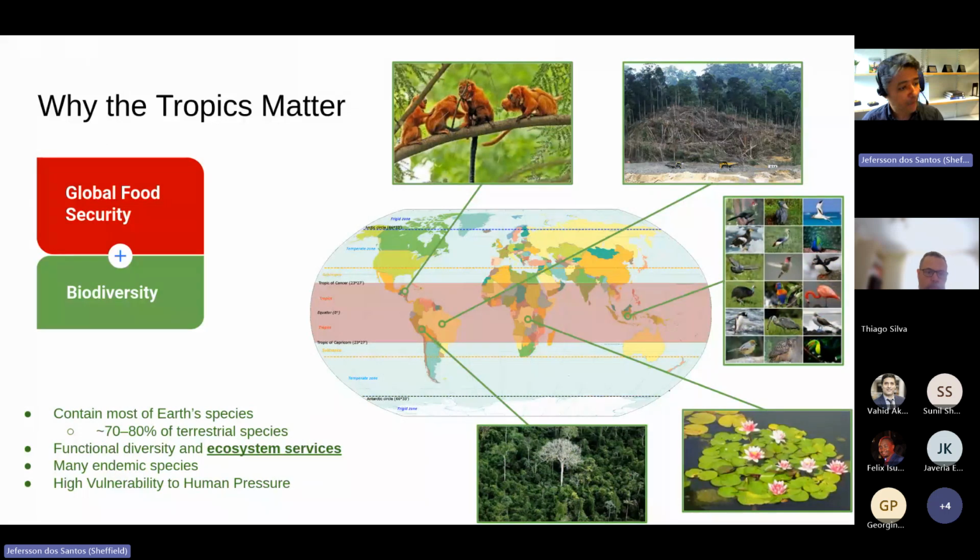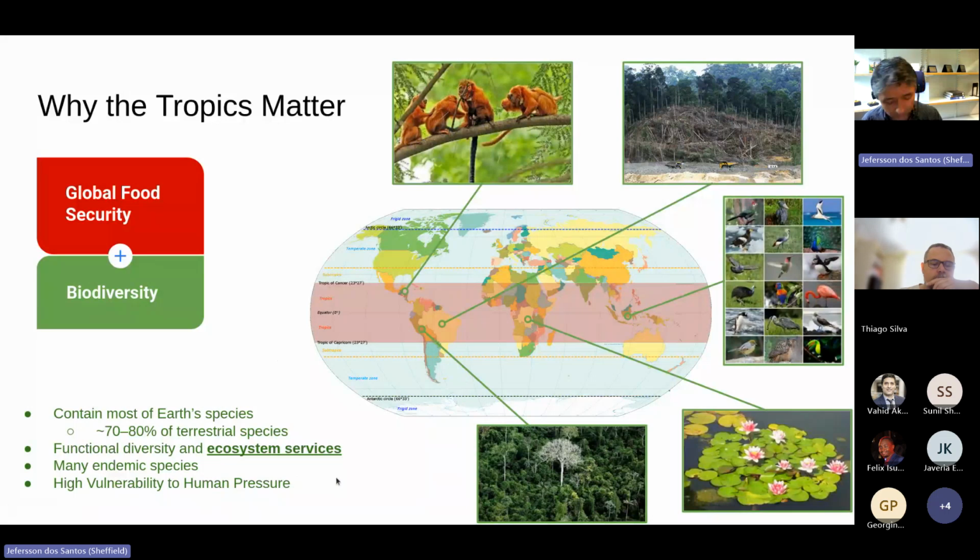Biodiversity is very important, so there are a lot of reasons for us to take care of tropical regions. It contains most of Earth's species, functional diversity and ecosystem services, many endemic species, and we have a huge problem with human pressure in those areas.